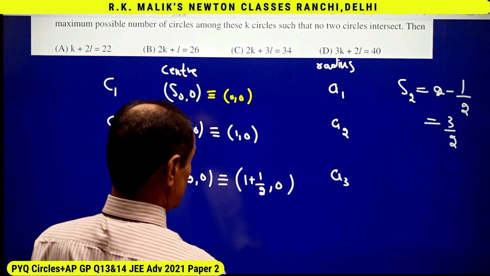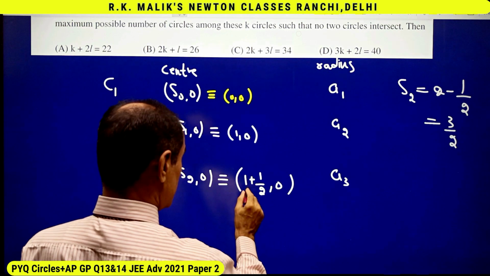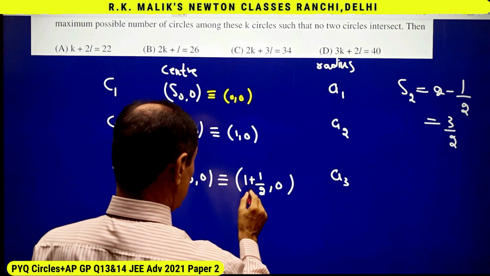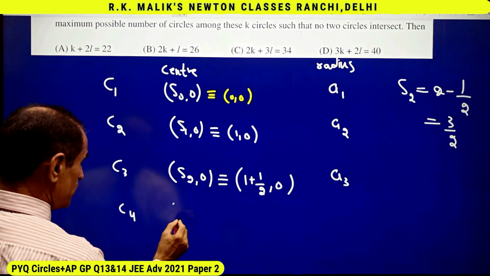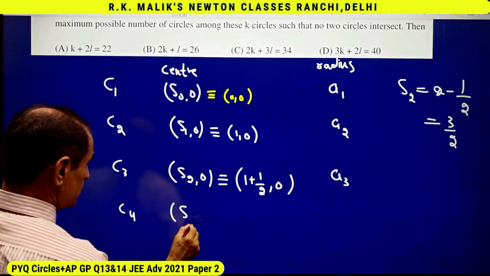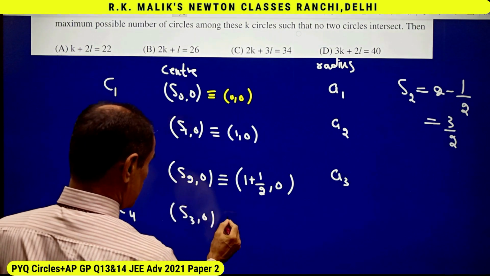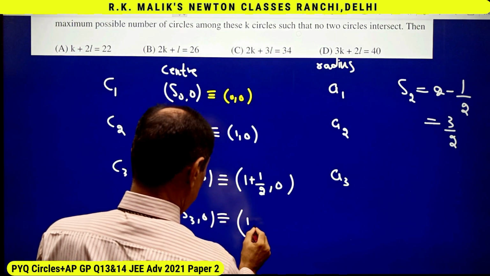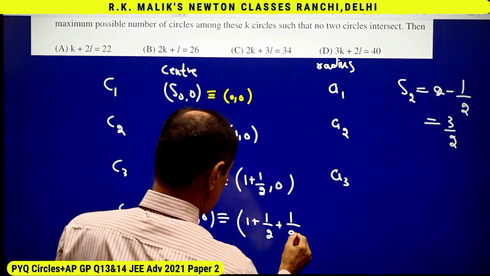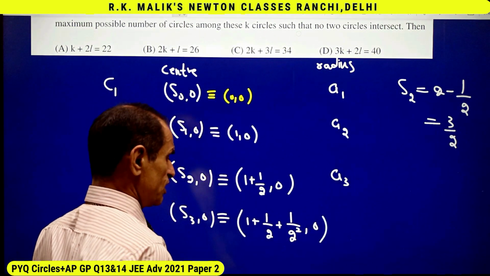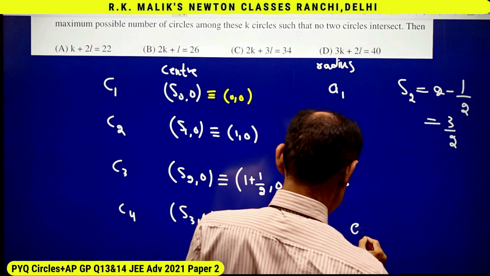Similarly, C4 will have center S3, 0, that is 1 plus 1 by 2 plus 1 by 2 square, 0 and radius A4.